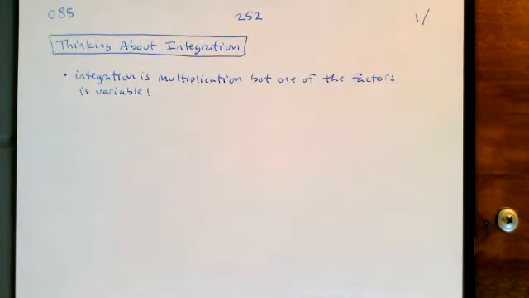So this is where we're going to start getting our applications. What this means for us is that anytime we have a multiplication, we can turn that into integration problems.